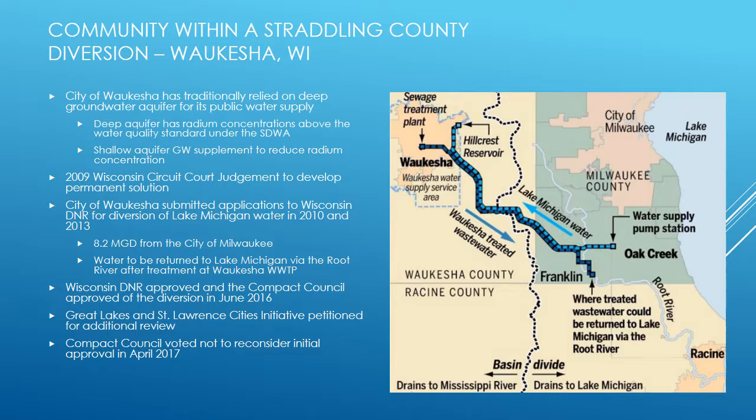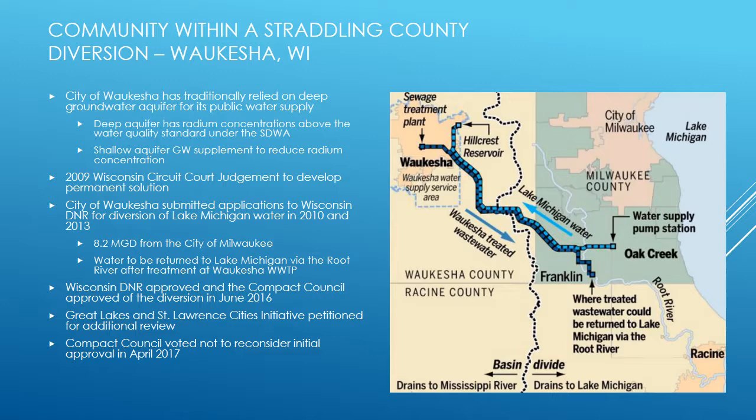After use, the diverted water is to be treated by the city of Waukesha and returned to Lake Michigan via the Root River. The Root River's headwaters are in the Lake Michigan basin and east of the city of Waukesha, and the river flows in a southern and easterly direction until it enters Lake Michigan in Racine, Wisconsin, about 25 miles south of Milwaukee.